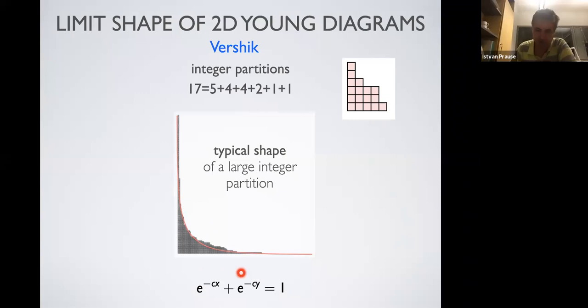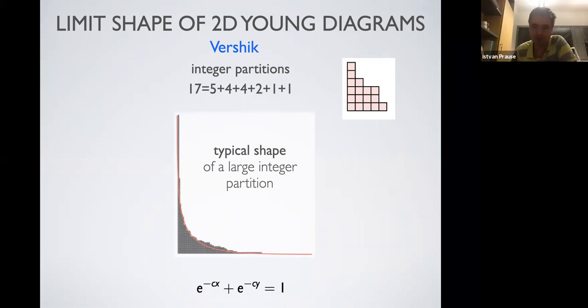The constant here depends on how exactly we did the rescaling. And of course, there are some outliers, some partitions which lie far from this curve, but those are extremely rare events. So in a random configuration, there is no chance of seeing those.